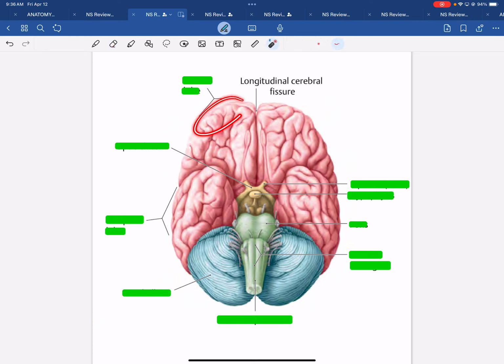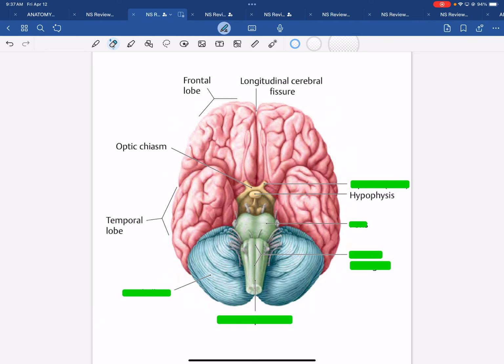What about this lobe? Frontal lobe. Good. This lobe? Temporal. What is this? Good, the optic chiasm. What is this? Pituitary gland. What's another name for it? Do we need to know that?